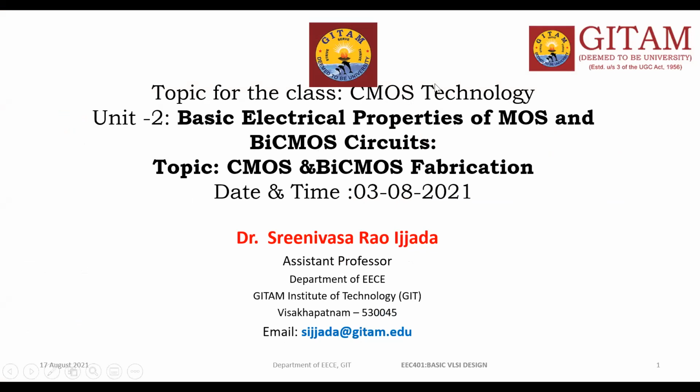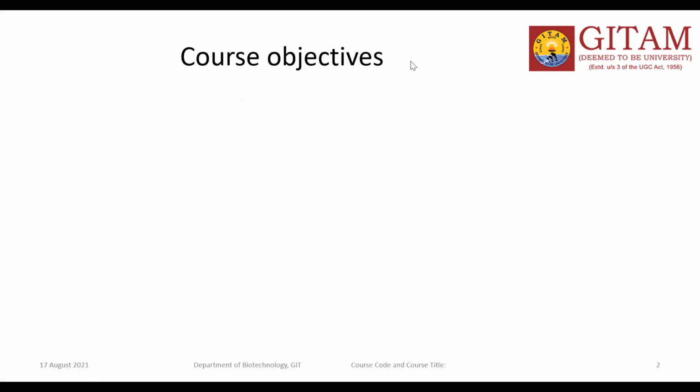So yesterday we discussed some topics. I forgot what topics I discussed, so let me remember. I will ask Bhavya: can you repeat what topics I covered in the last class?